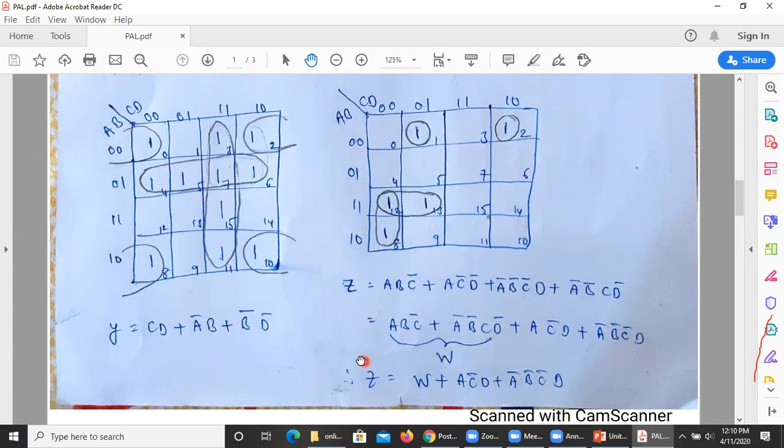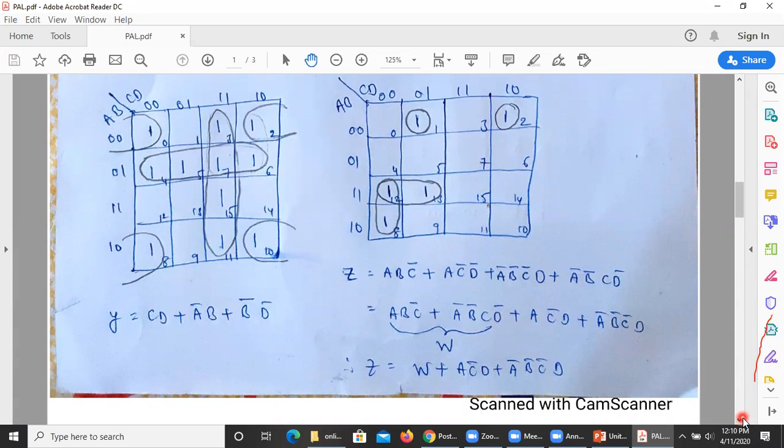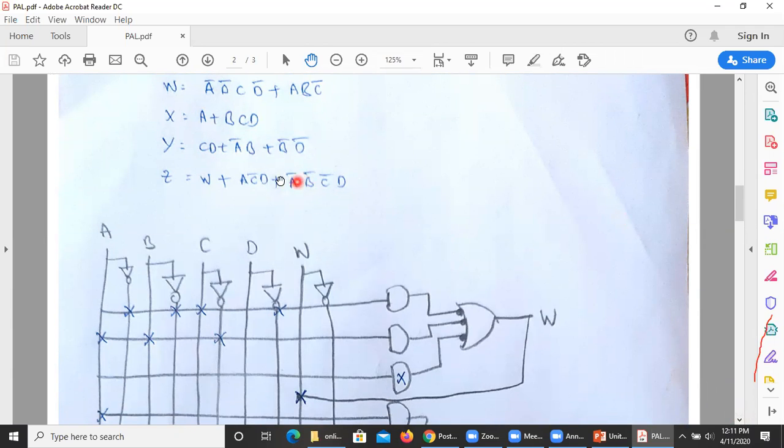Now these are the overall equations which we are getting. W contains A bar B bar C D bar plus A B C bar. Like that, X, Y, Z contain their equations. Now if you count the number of product terms in each, how many product terms do we have in W? 2 product terms.